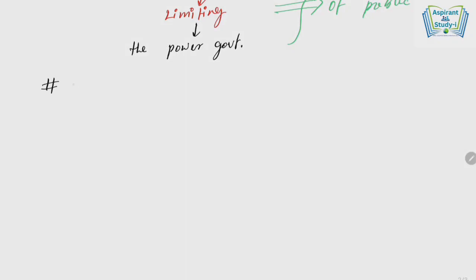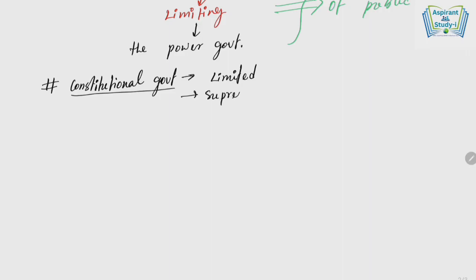So what is constitutional government? Constitutional government, it's a limited government, supremacy of constitution, maximum rights and liberty of public.